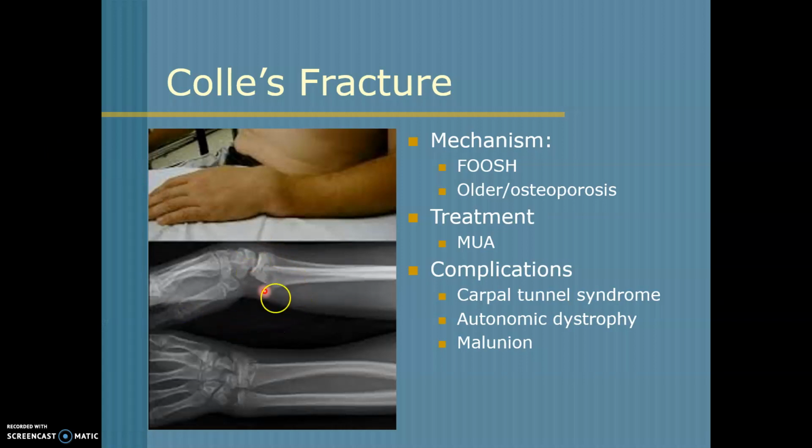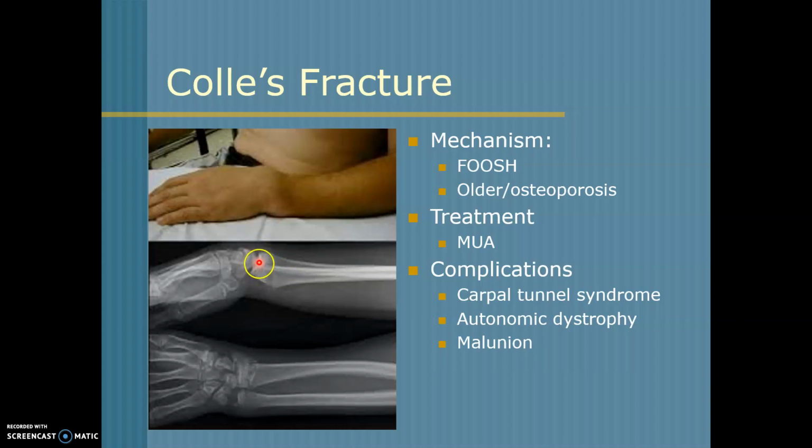When you look at this X-ray, there's a real importance in terms of deciding whether the fracture is adequately reduced. So we look at the dorsal aspect of the radius here and the distal end which is displaced. If this angle is more than 15 degrees, then the fracture is not adequately reduced.